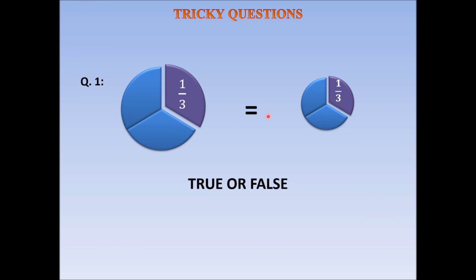They are writing that 1 by 3 of here is equal to 1 by 3 here. They're asking, is it true or false? It is false, because the whole is different. Even though the fractions look the same, they don't belong to the same whole. Okay, so it is false.